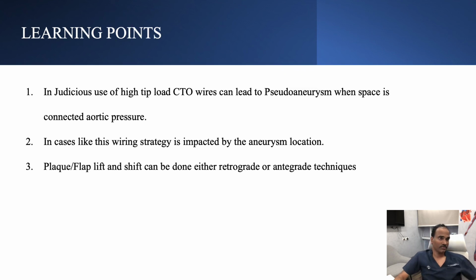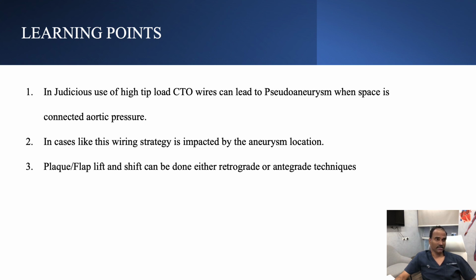The learning point from this case is that injudicious use of high tip load CTO wires can lead to pseudoaneurysm when the space is connected to aortic pressure, which can happen especially at the proximal cap location.